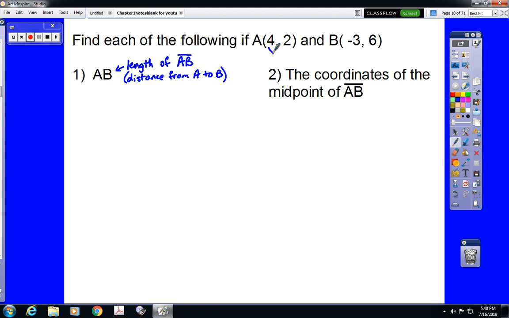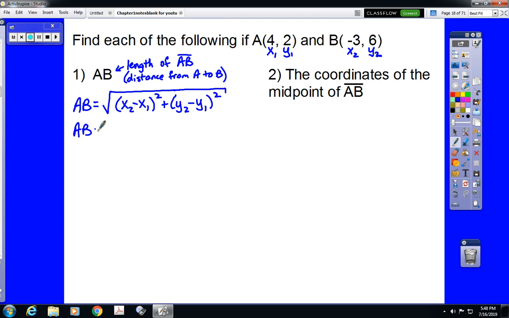So, x1, y1, x2, y2 are given in the problem. The distance formula says that AB is the square root of x2 minus x1 quantity squared plus y2 minus y1 quantity squared.